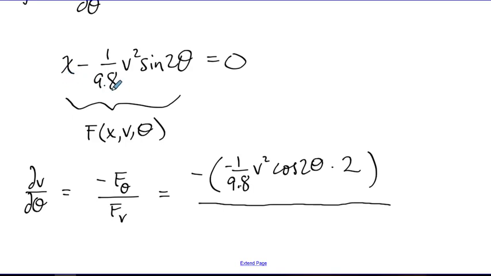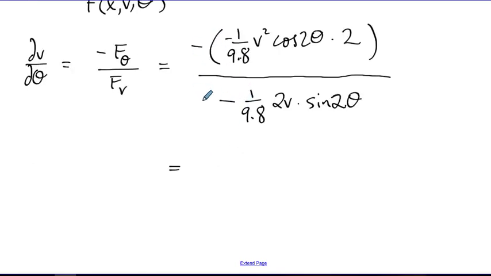Derivative with respect to v here, the 1 over 9.8 and the sine 2 theta, these guys are constant right now. And the v squared, I get a derivative, the 2 comes down. So we'll get negative because there's a negative here. Let's say 1 over 9.8, then 2 times v times, and then this sine 2 theta is just a constant factor.